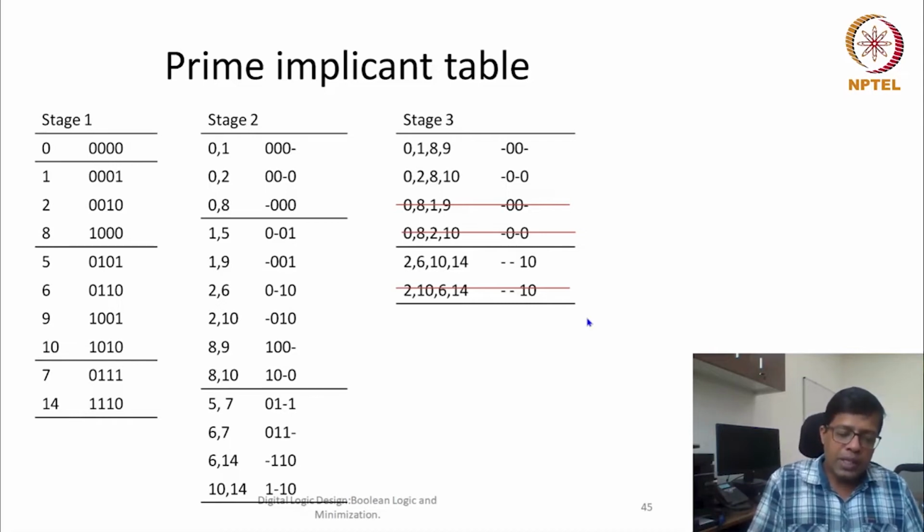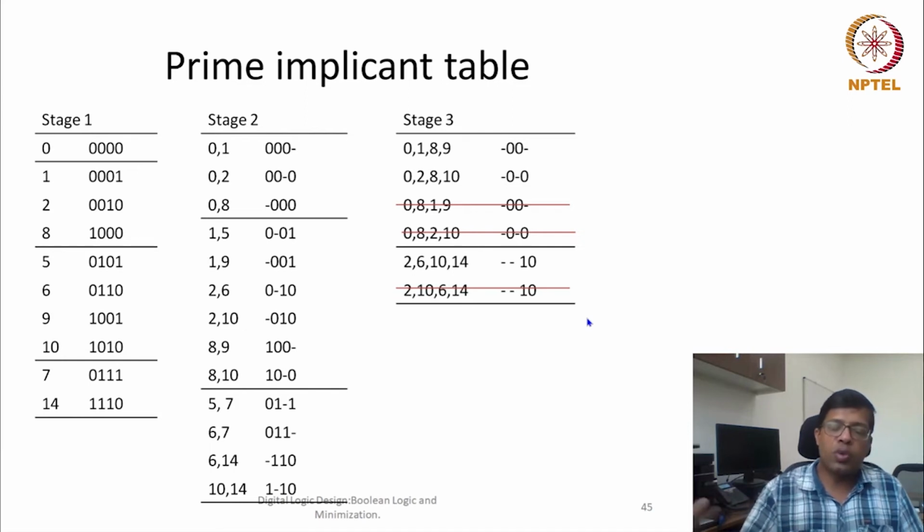Now let us see the list of our prime implicants. To find the list of prime implicants, what we do is we go from the higher stage to the lower stage, and we see that if all the implicants there are covered by the larger set, then we can simply ignore them.